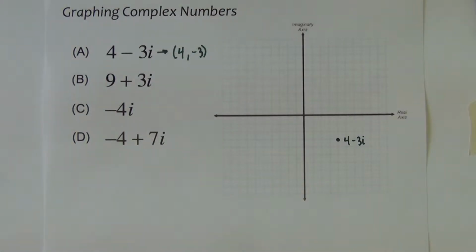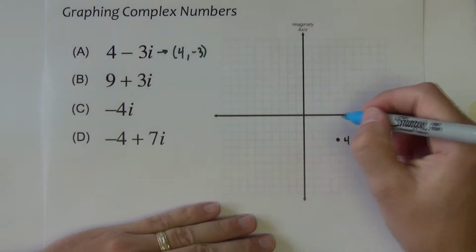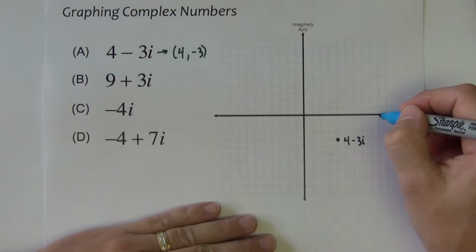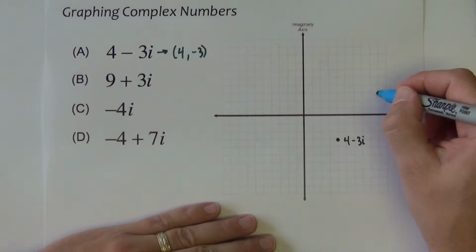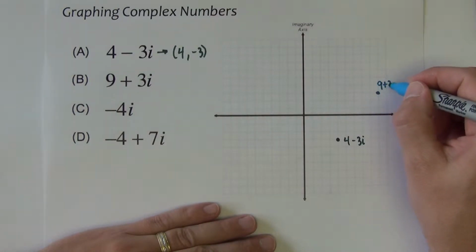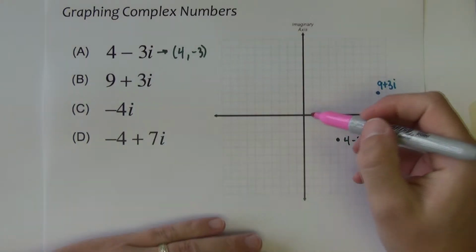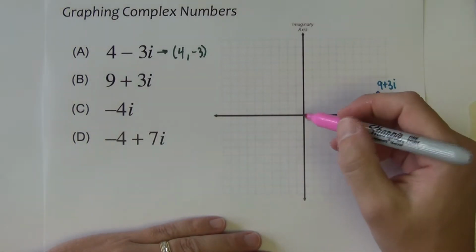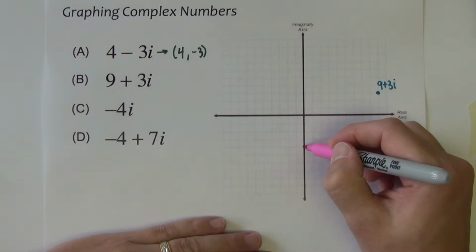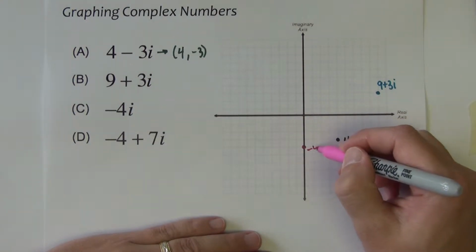Like that, I can do all these numbers. 9 plus 3i goes to 9 on the real axis, 3i on the imaginary axis. There's 9 plus 3i. Negative 4i doesn't have a real number, so it doesn't go anywhere on the real axis. It just goes down 4i on the imaginary axis.